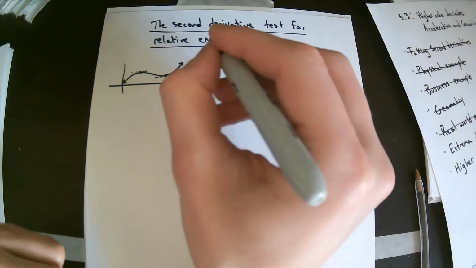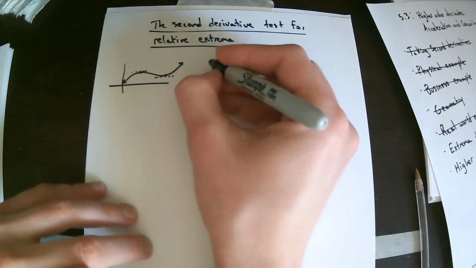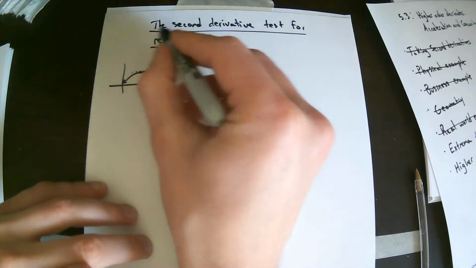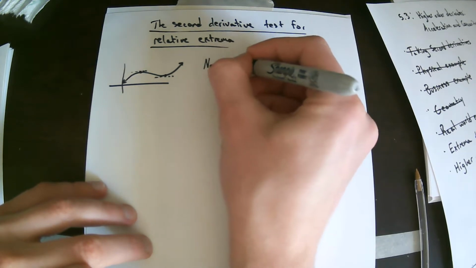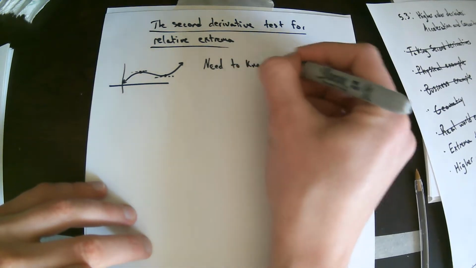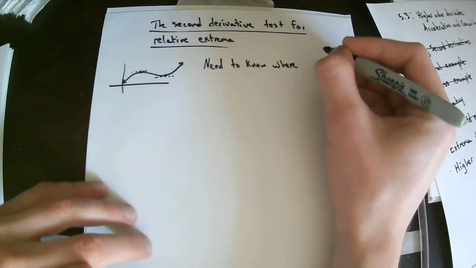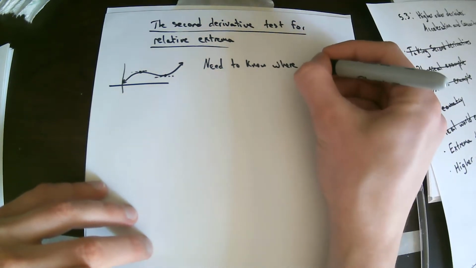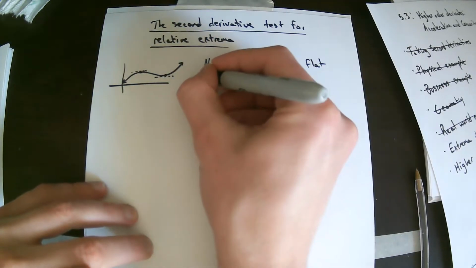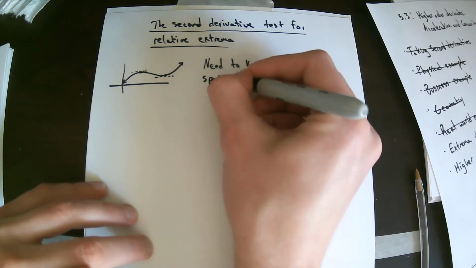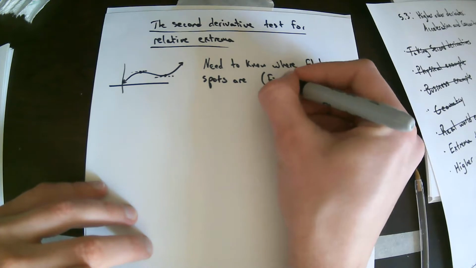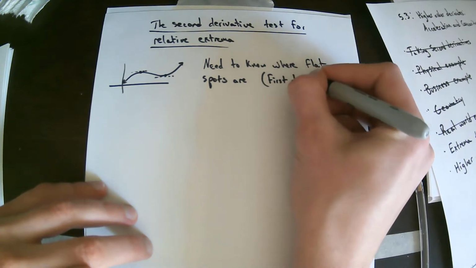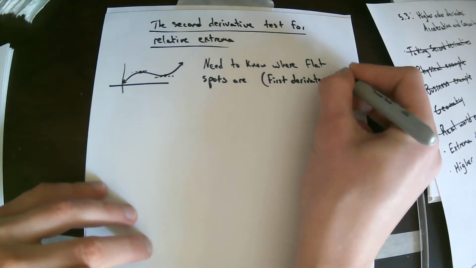So the first thing we need to know to use the second derivative test for relative extrema is where the flat spots are. And that comes from setting the first derivative equal to 0 and solving for x.